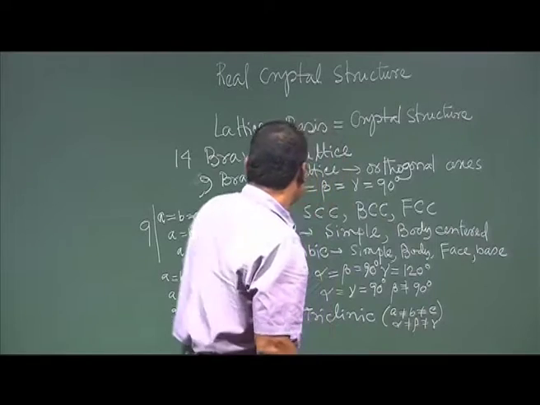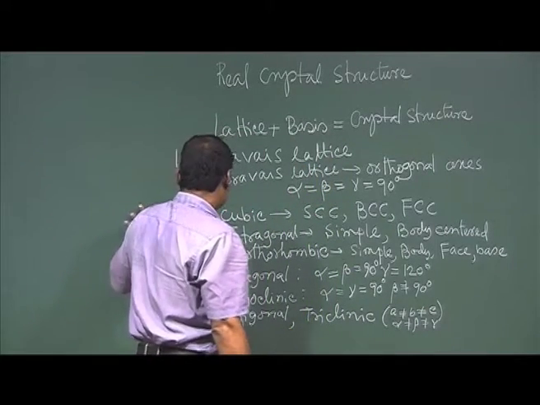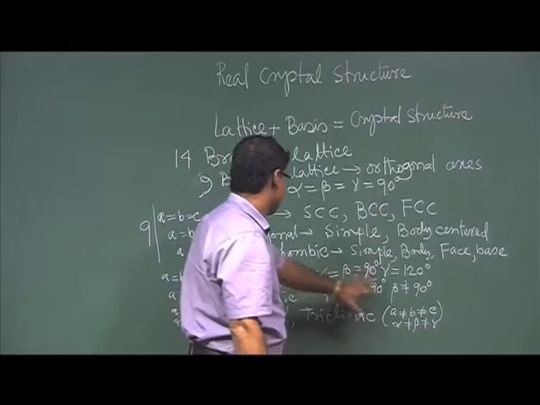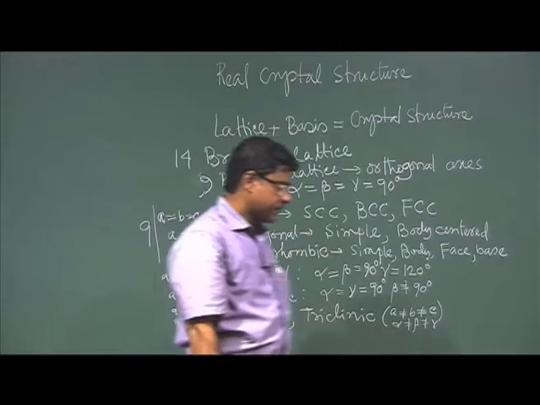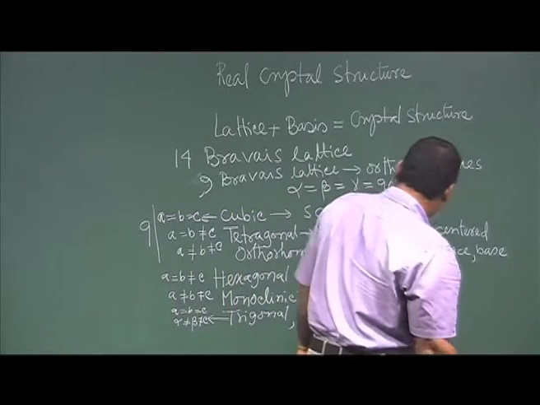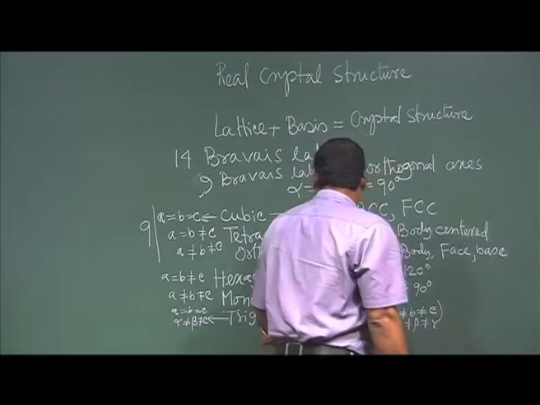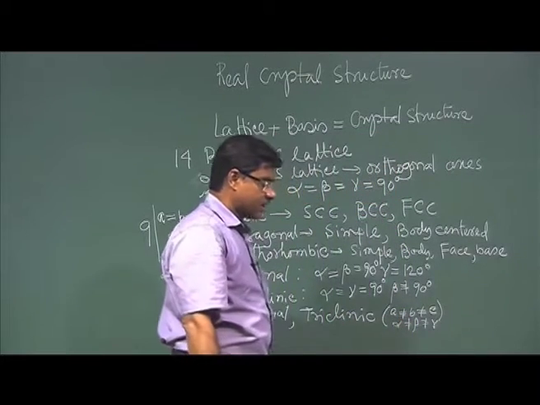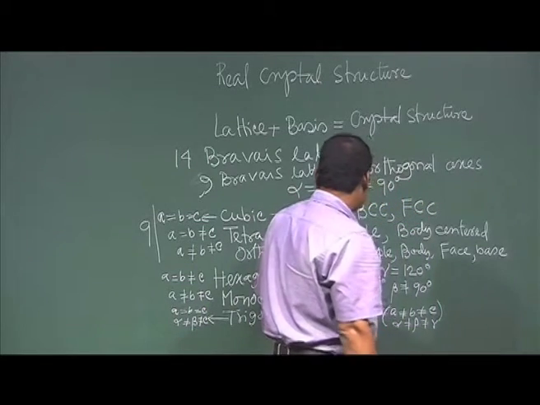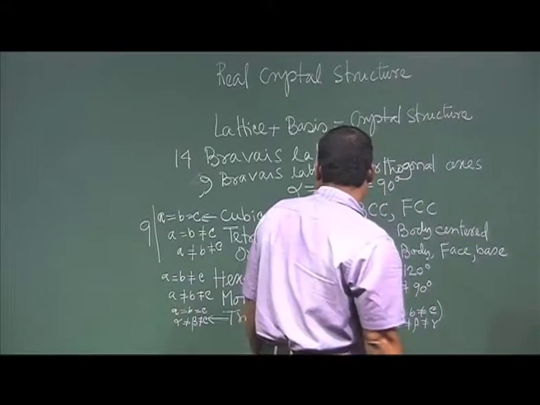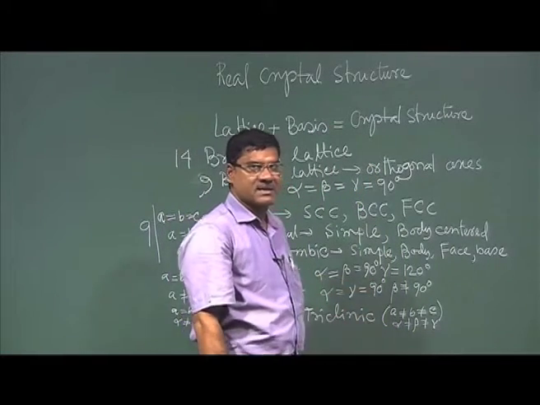Okay. So, from here one can get basically 5. Trigonal and triclinic are only simple type, and hexagonal is also only simple type, but monoclinic has simple and base centered, these two.